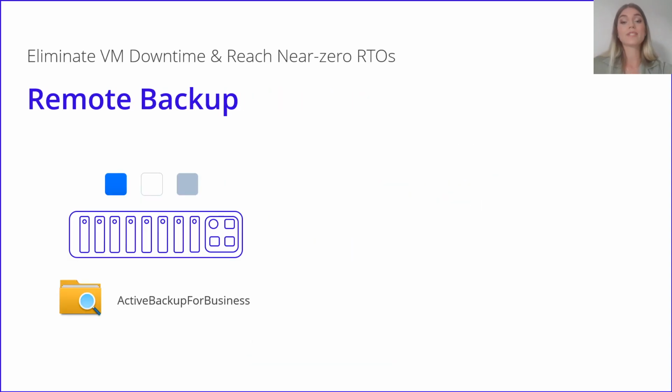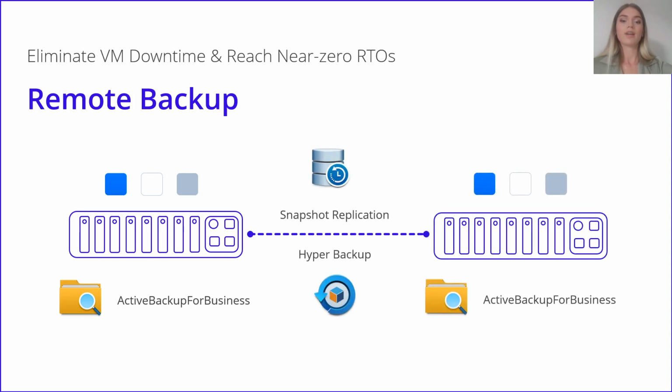That is possible with Snapshot Replication and Hyper Backup. You just need to create a link with another Synology NAS that is located remotely and do a backup of your Active Backup for Business folder. This way you are sure that if something happens on your main NAS, you can always retrieve your data from another one, your backup NAS.